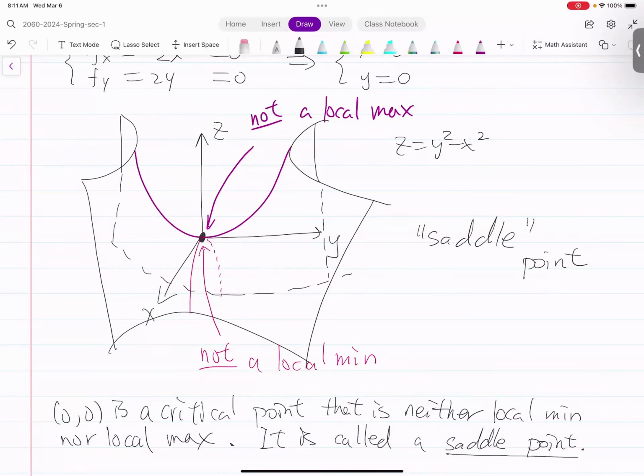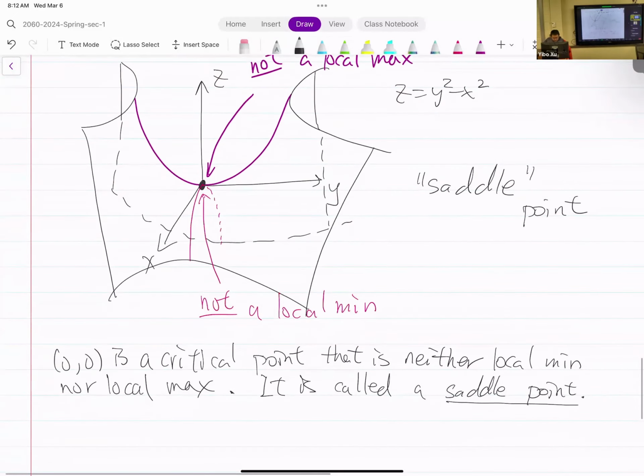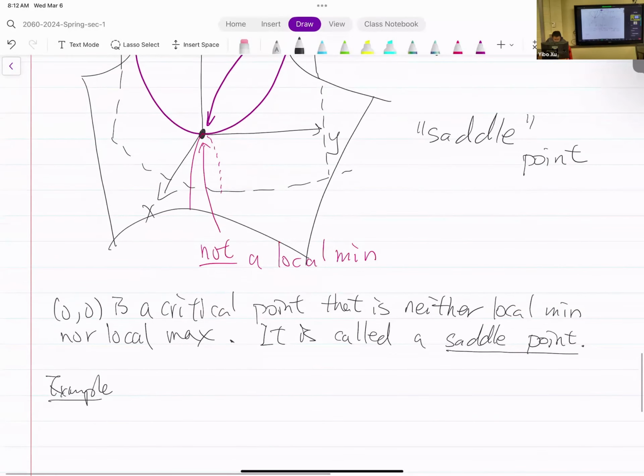All right, so now let's look at another example. Basically, now we have another bivariate function f of x, y equals 4 plus (x minus 1) squared plus (y minus 3) squared.